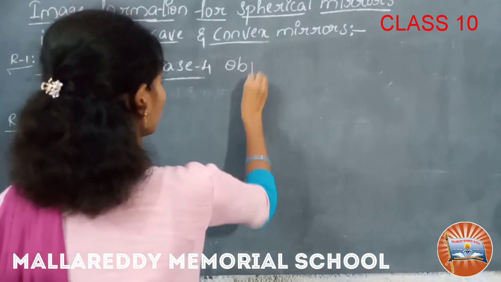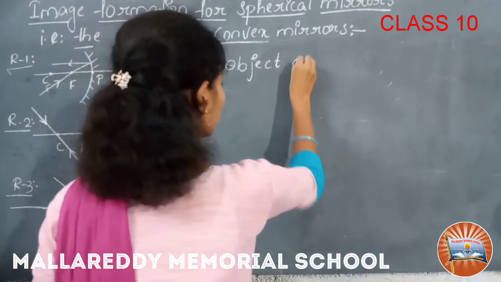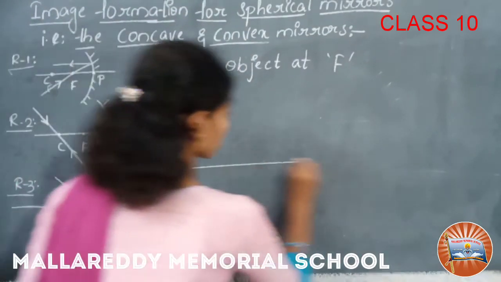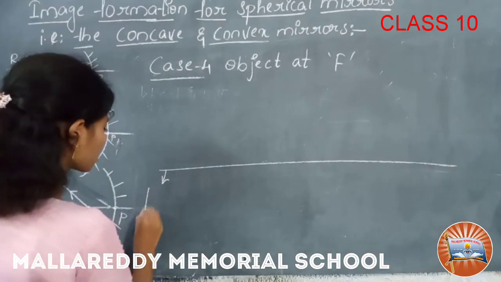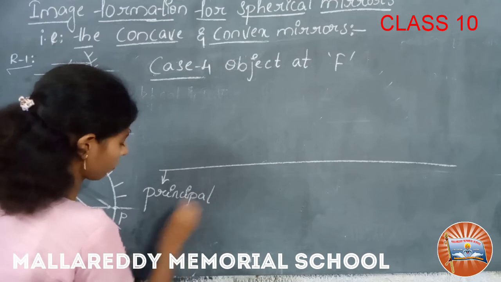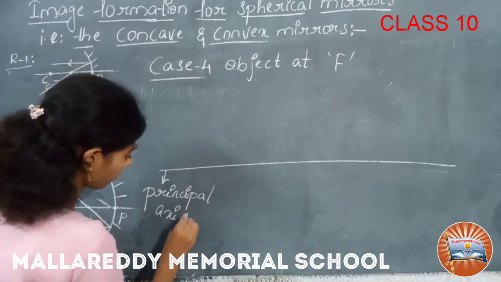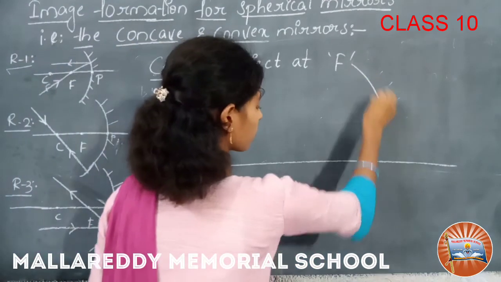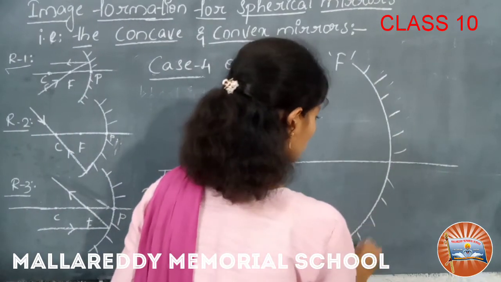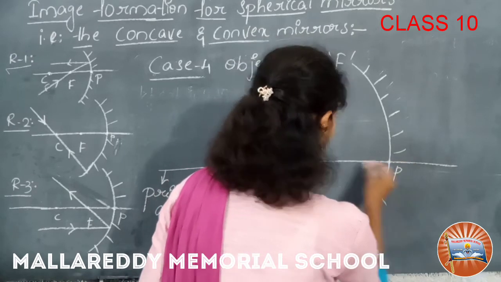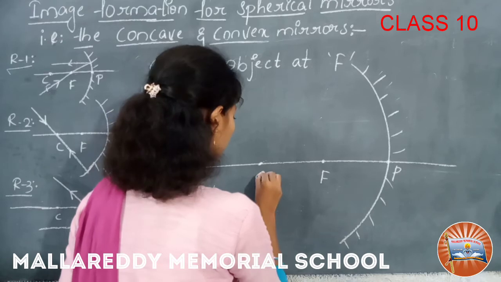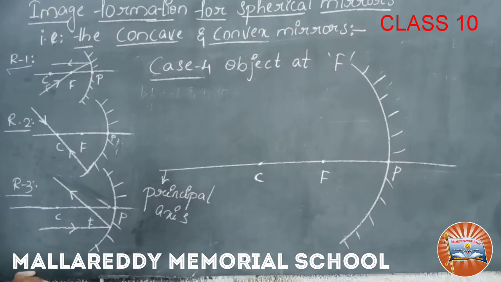Now when we are taking the object at F, so same, take the principal axis, again take the concave mirror. Now pole, principal focus and center of curvature.